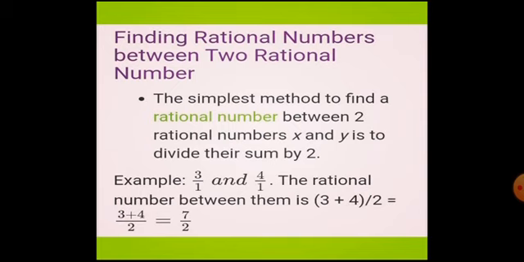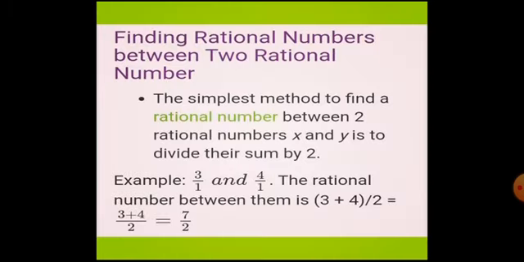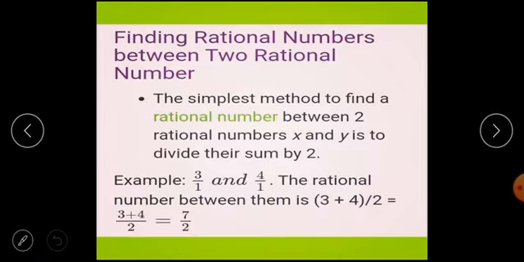So 3 plus 4 is 7, and 7 divided by 2. So the number between 3 and 4 is 7 upon 2.